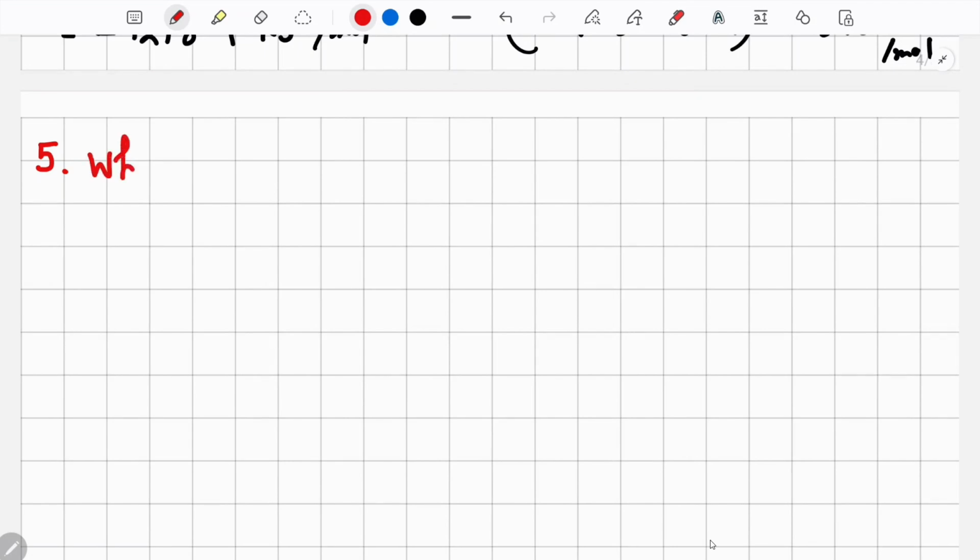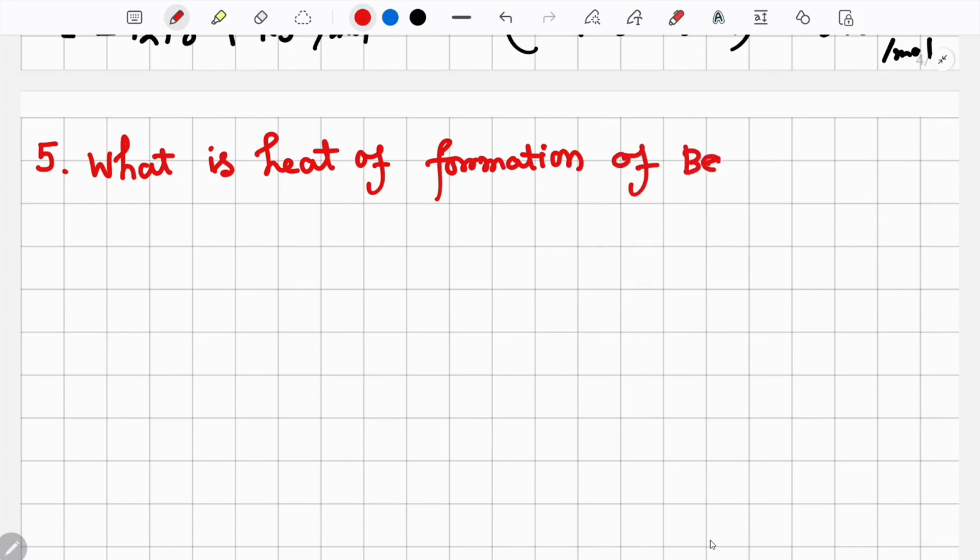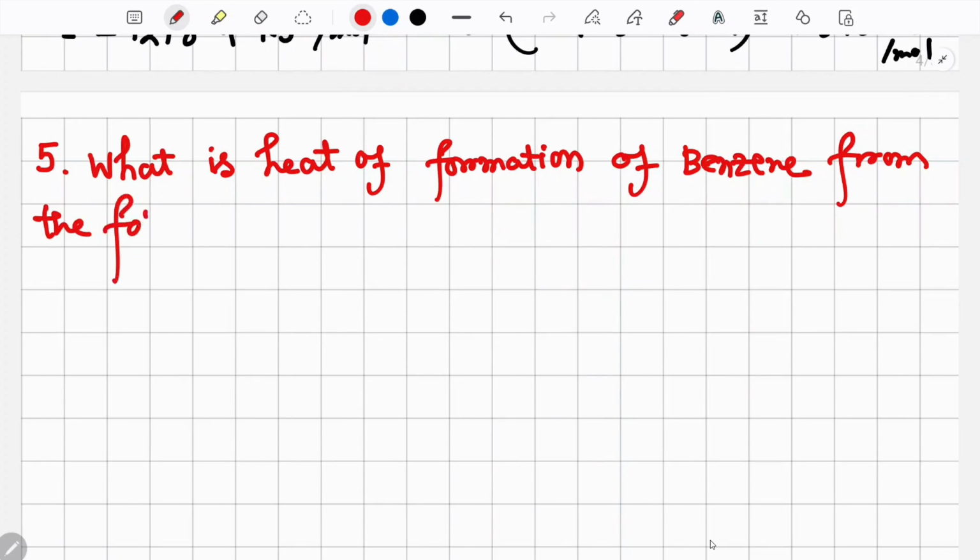Okay. What is the heat of formation of benzene from the following data?